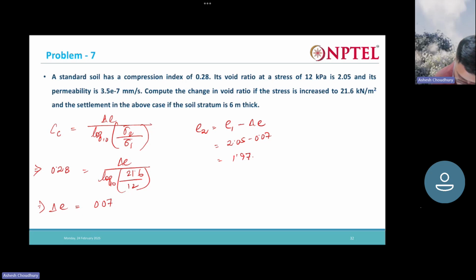Now it's also asked to compute the settlement. See, delta H by H is delta e by 1 plus e naught.